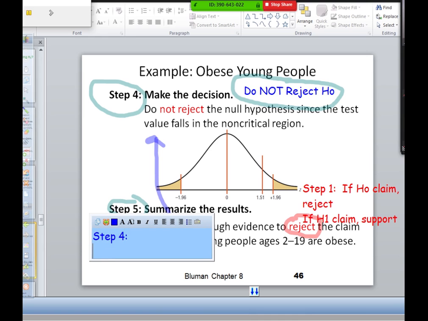If you reject H naught, then there is enough evidence. If you do not reject, then you have not enough evidence.